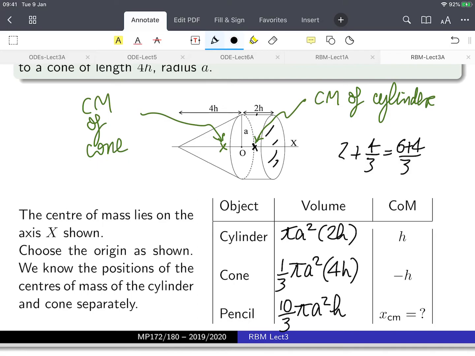And now to find the position of center of mass, I just use my formula from before: 1 over M times M1 times h plus M2 times minus h. That's all I write. So to find M, M1 and M2, I need the mass density.